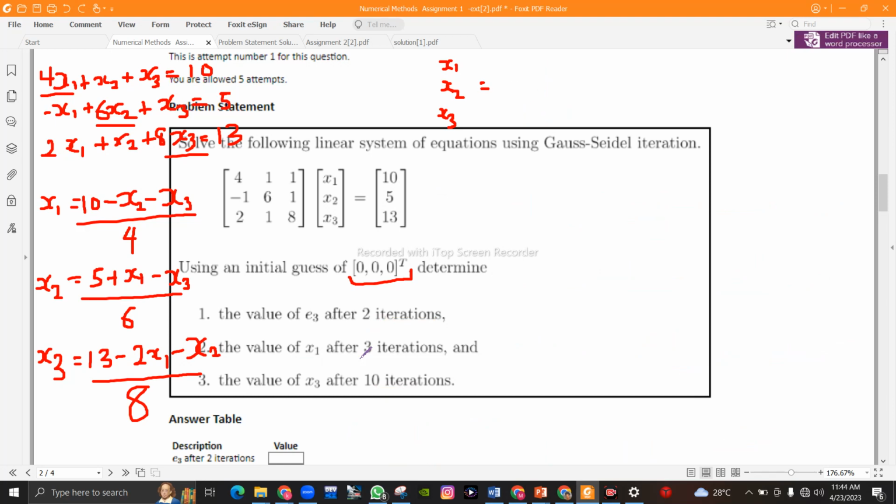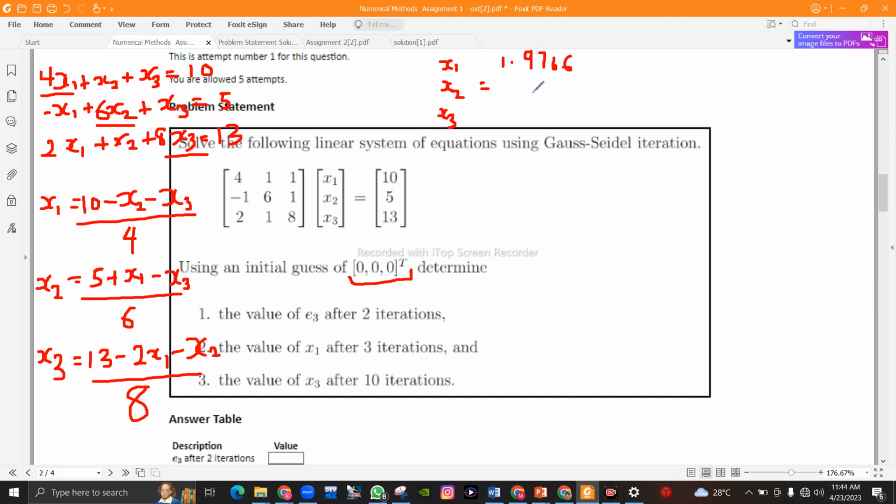So what's our new x1 after the second iteration? Our new x1 is 1.9766. That's what we got.